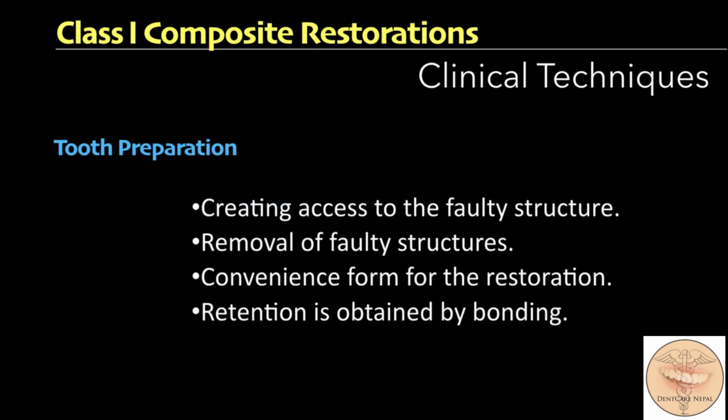The next part comes with the tooth preparation, in which we are only going to remove the faulty tooth structure, not extension for prevention, as G.V. Black described. And we also create a convenience form in order to place the composite in a more recommended fashion. The retention of the composite restoration is always obtained with the help of bonding.